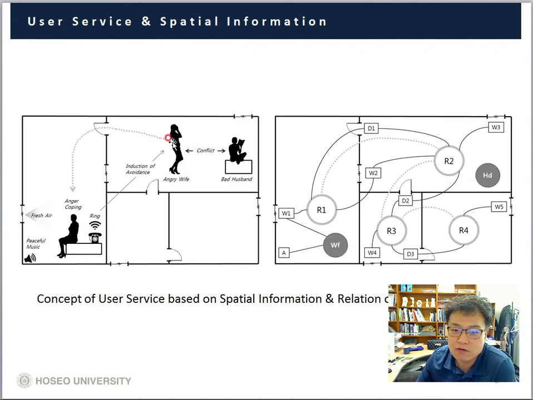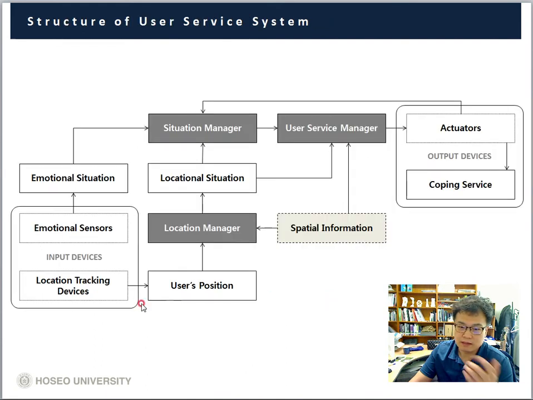It's not just a location. It's a kind of semantic relationship. So how can we figure out the semantics of this kind of situation? We can calculate these semantics using spatial information. That is my idea.